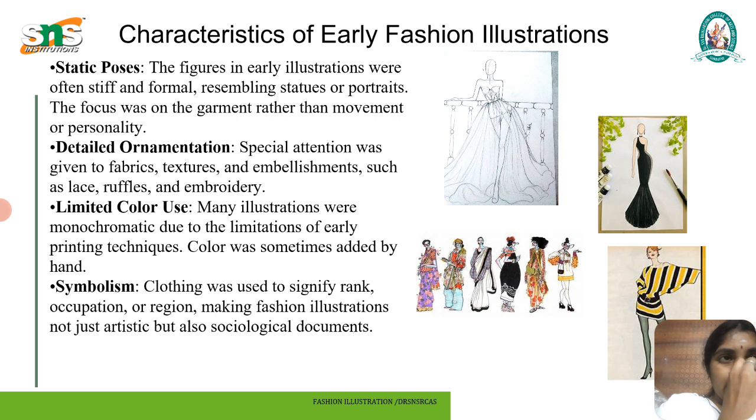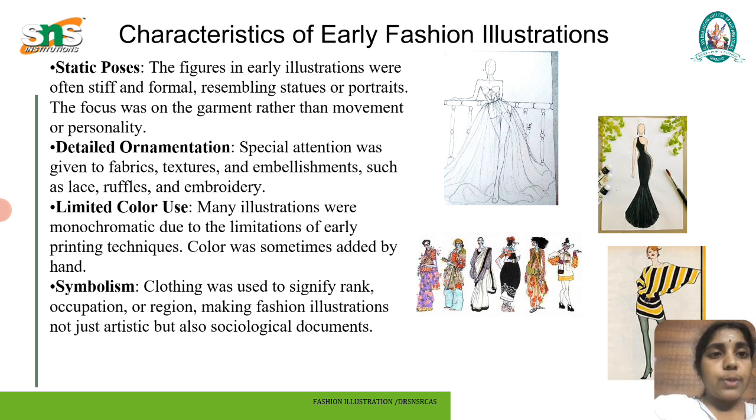Characteristics of early fashion illustration. Static poses. The figures in early illustrations were often stiff and formal, resembling statues or portraits. The focus was on the garment rather than the movement or personality. Detailed ornamentation. Special attention was given to fabric textures and embellishments such as lace, ruffles and embroideries.